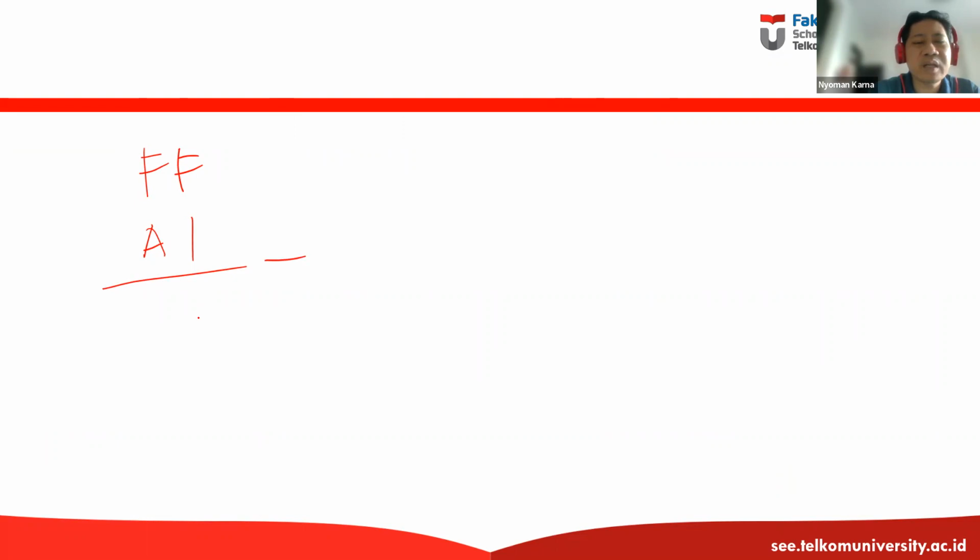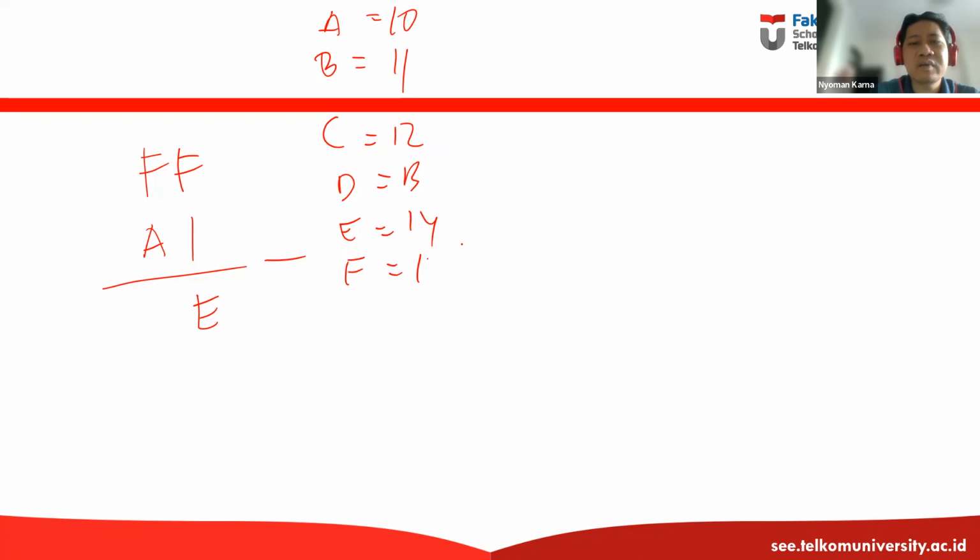Now, F minus 1 is E, because A is 10, B is 11, C is 12, D is 13, E is 14, F is 15. So 15 minus 1 is 14, E. Now F minus A, F is 15, A is 10. 15 minus 10 is 5. So the result is 5E.